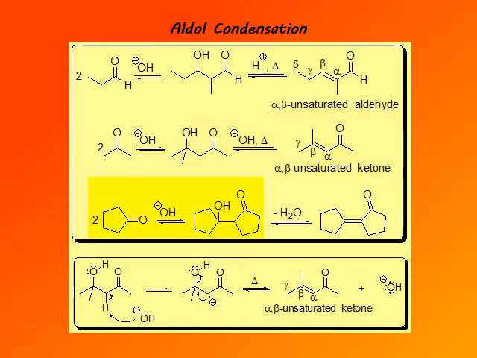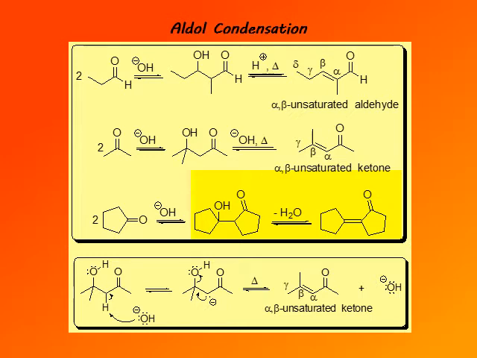Finally, if a 5-membered ring is involved, as in the 5-membered ketone cyclopentanone, then elimination of water, or aldol condensation, is a spontaneous reaction. We don't need heating. The reason for this is that in a 5-membered ring, introduction of a double bond eliminates torsional strain. We covered that earlier in Organic 1.